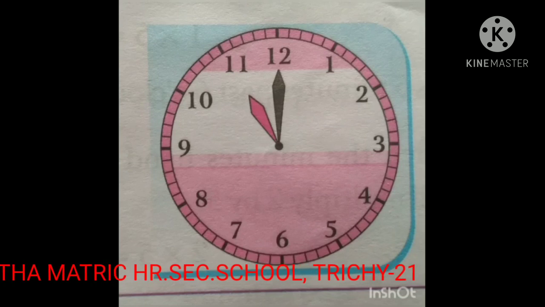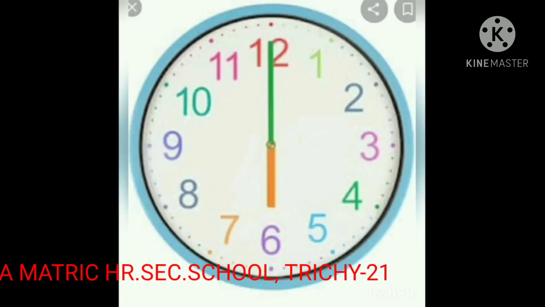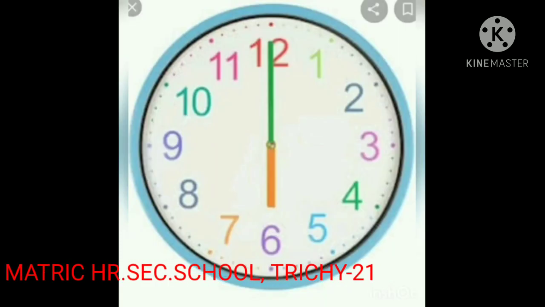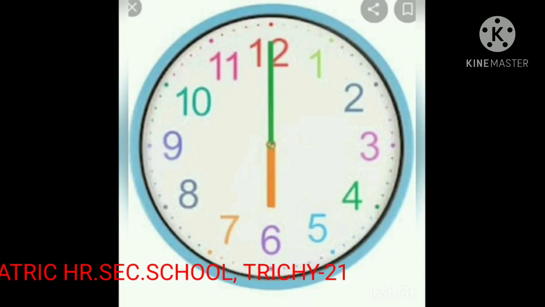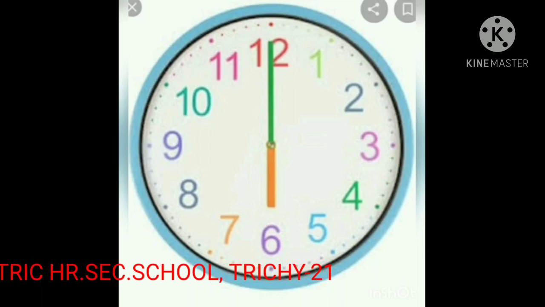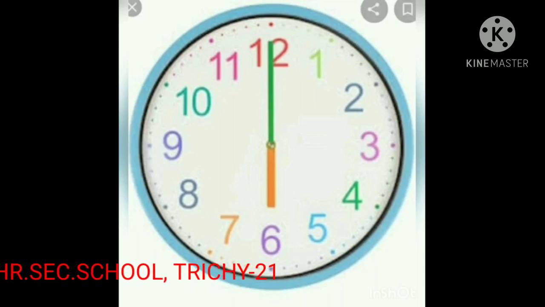Okay, now let's learn how to write the time. Now look at the clock. The minute hand is at 12 and the hour hand is at 6.